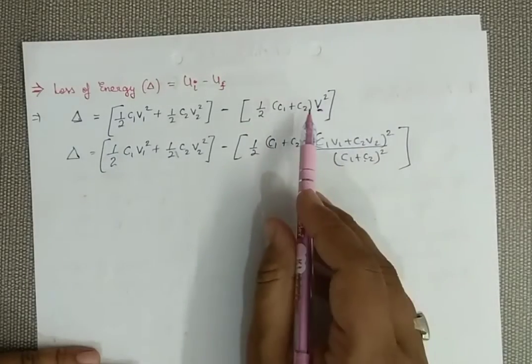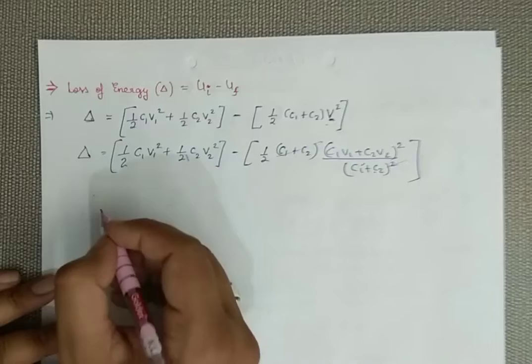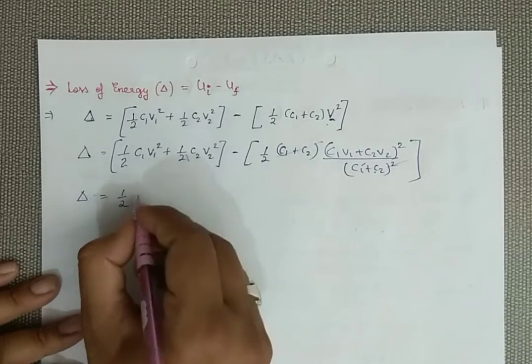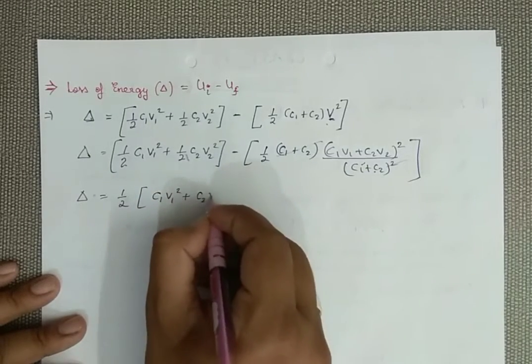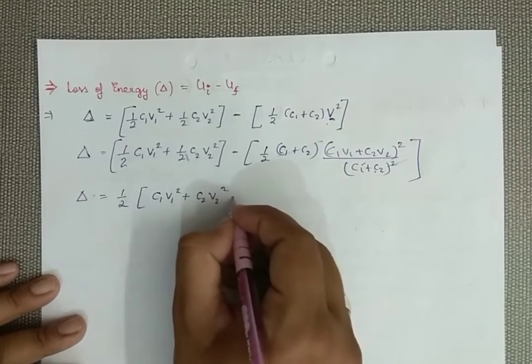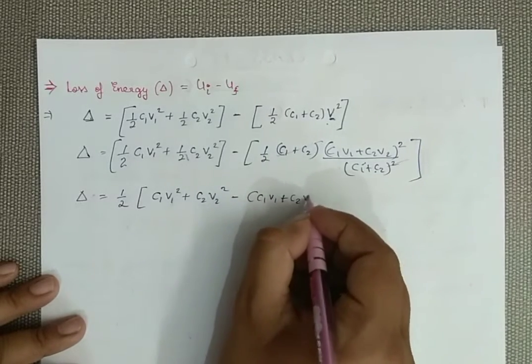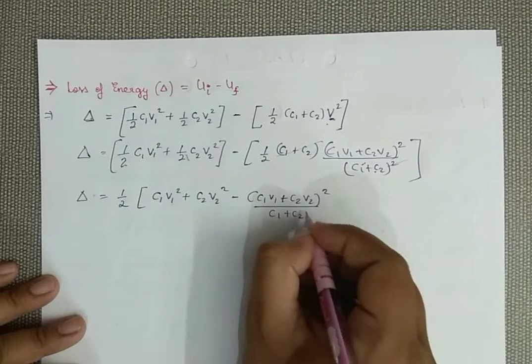So this is the substitution of common potential here. Cancel out in these two brackets. So what we are going to get is delta equals half, taking a half common, C1 V1 square plus C2 V2 square minus C1 V1 plus C2 V2 whole square divided by C1 plus C2.